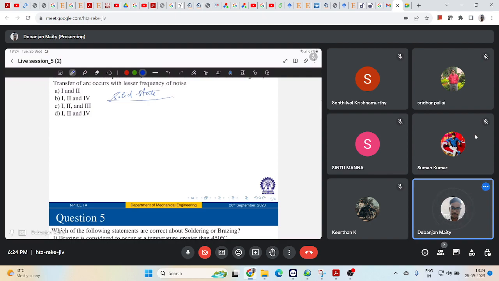As you are aware, in solid state bonding, the joining happens because of plastic flow at the interface, and intimate contact forms there. So materials get plasticized and form intimate contact due to material flow, right?